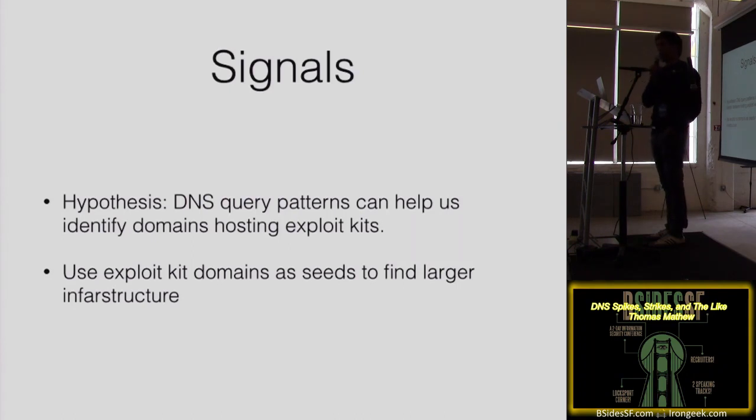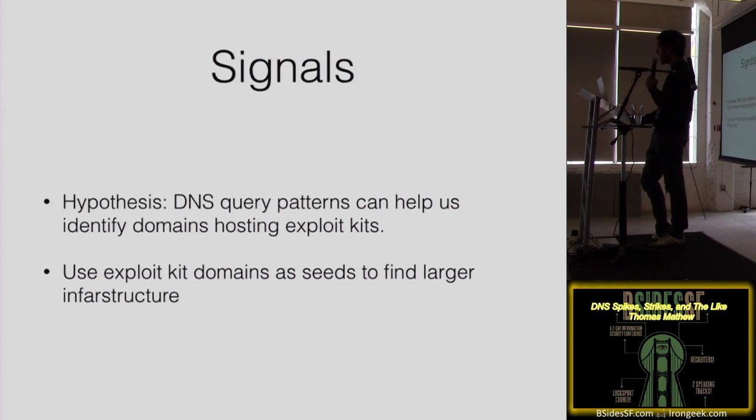Not passive DNS patterns, but instead recursive DNS patterns. That is, we can look at how clients are interacting and sending out requests to a set of domains, and then from that information, mine significant patterns out of that signal that can be associated with exploit kits. Then we can use passive DNS to help us catch even more exploit kits, because we know that exploit kits like to reuse large infrastructure.